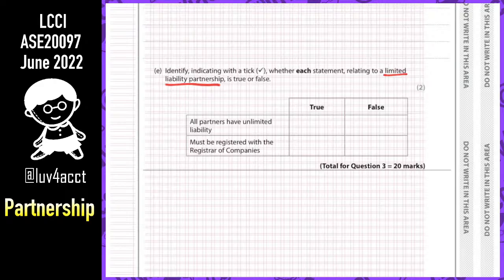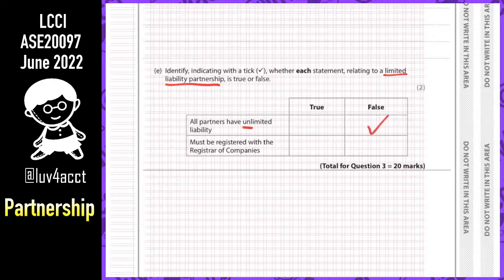Limited liability partnership. Partnerships usually have unlimited liability, but we can have some limited liability partnerships. You should know it already, or you go to the text, or ask an AI chat. We have a lot of resources that you can use. So, all partners have unlimited liability. If that is so, it would not be called a limited liability partnership.